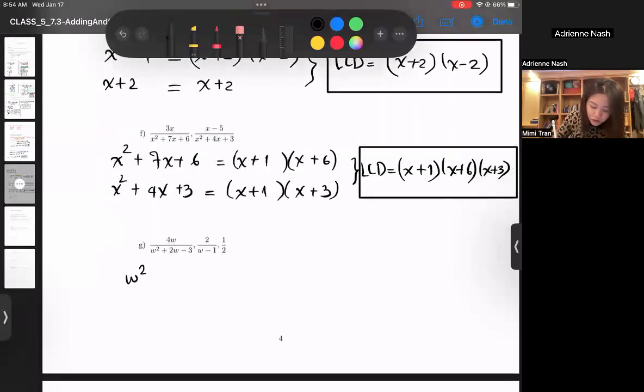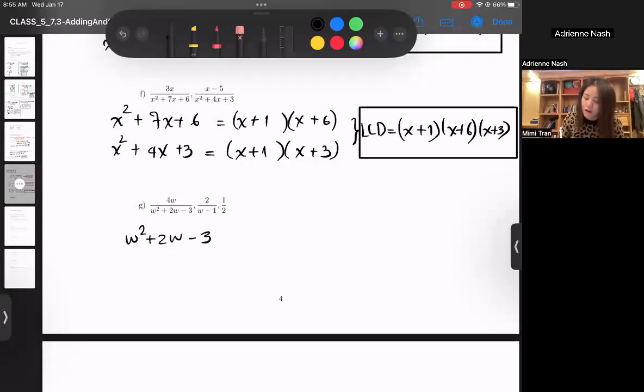w squared plus 2w minus 3, and then I got w minus 1, and I got 2. Let's factor the top. Two numbers that multiply to negative 3 and add to 2: w plus 3 and w minus 1.